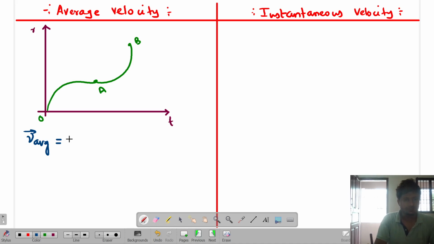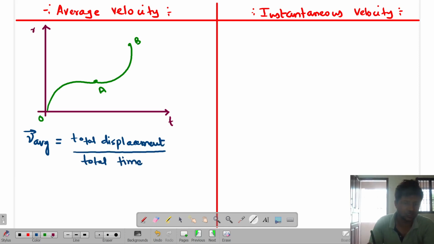So it is once again total displacement by total time. Now here, people will think, sir, let us draw this displacement first, and then add delta R1 and delta R2 and divide by total time. I know this will always be done by Ujaswani.